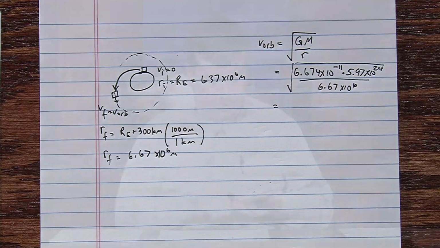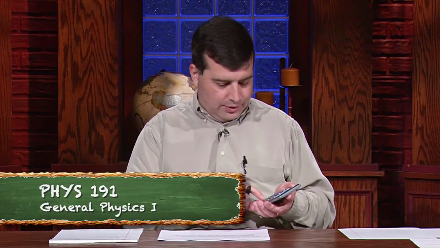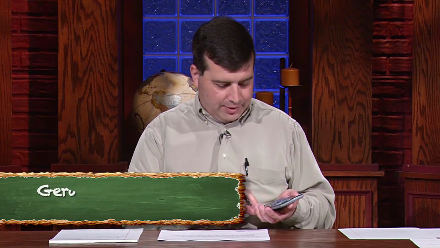is equal to the square root of 6.67 times 10 to the minus 11 times 5.97 times 10 to the 24 divided by 6.67 times 10 to the 6.